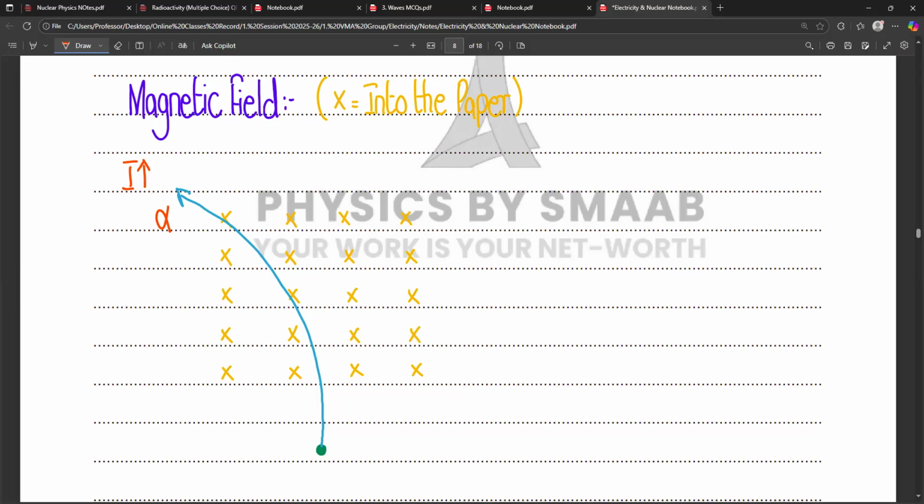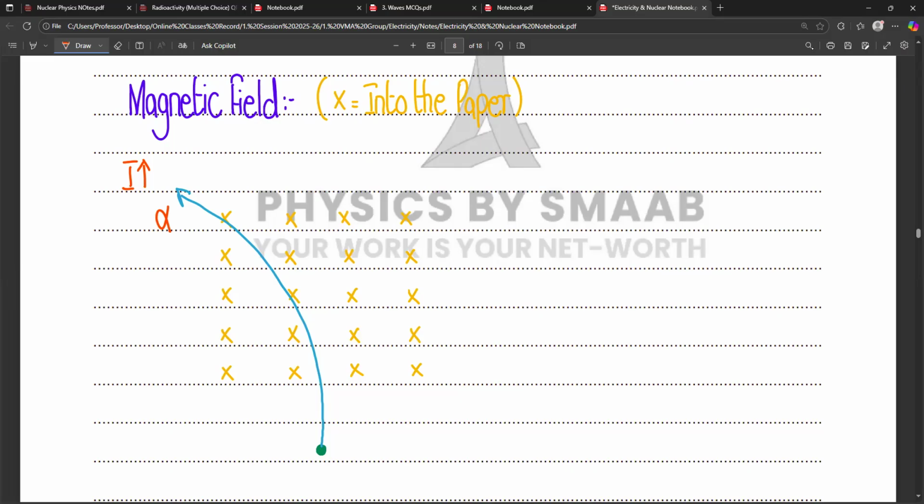Otherwise, if you get the same pattern of magnetic field in your exam question, you can just directly identify the answer. But otherwise, the question is how we know that this is the direction. So you can identify the direction with the help of Fleming's left hand rule.